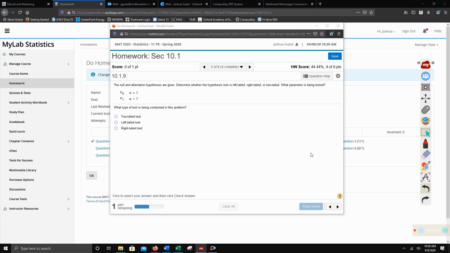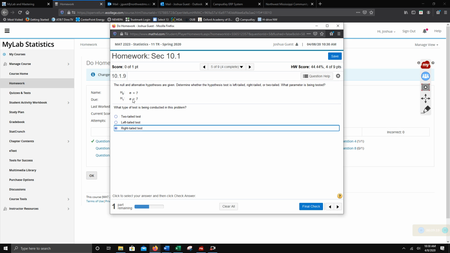Two-tailed is not equal to, because you're either greater to the right or less to the left than it. So you're one side or the other. That's two sides, two-tailed. But if you're greater than, on a number line greater than is to the right, so it's right-tailed. If you're less than, that's to the left on a number line, it's left-tailed. So because of this greater than on the H1, the alternative hypothesis, it is a right-tailed test.